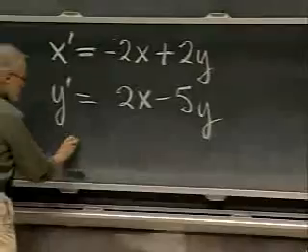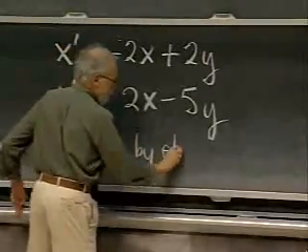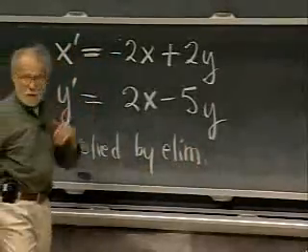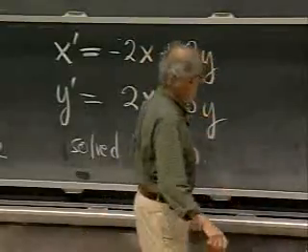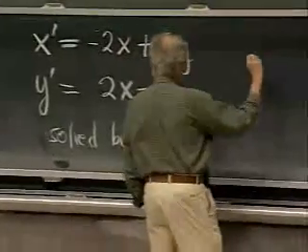And so we solved this by elimination. We got a single second order equation with constant coefficients, which we solved in the usual way. From that I derived what the x was. From that we derived what the y was, and then I put them all together.